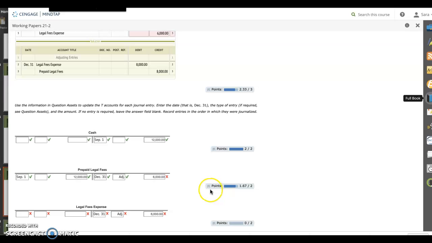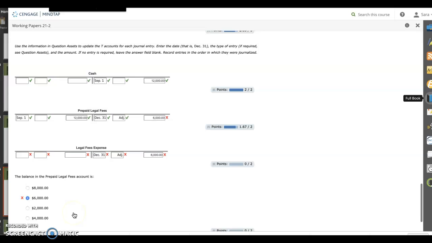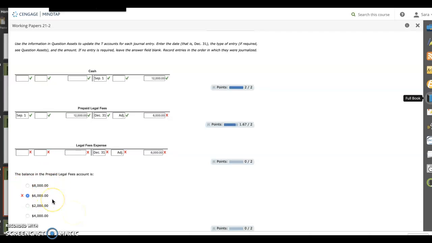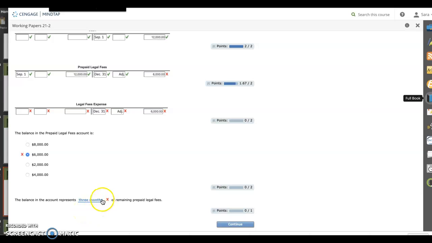And okay, has the credit. These are switched too. And then we'll have nothing on this side, and then the adjustment of 8,000 there, which, like I said, affected everything here. So then the balance will be 12,000 minus 8,000, which means 4,000. And then instead of 3 months, we have 2 months remaining.